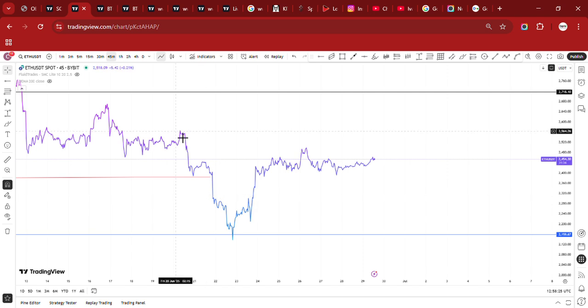Now what is happening? The market came to this zone, a support zone, and rejected. We have a massive pull. Then after the pull, the market started ranging. This range signals a high possibility for a continuation in the market.